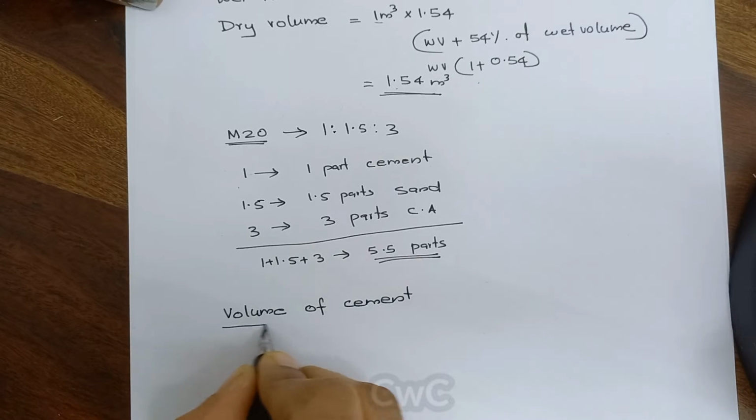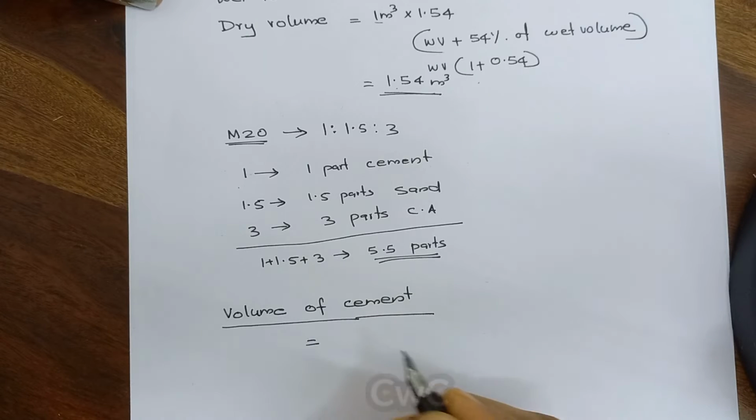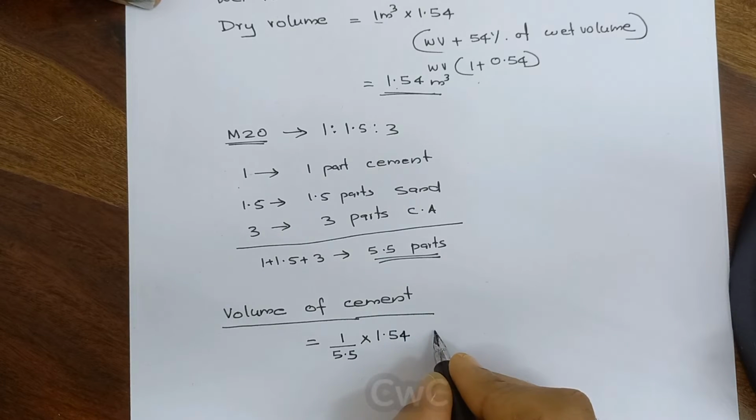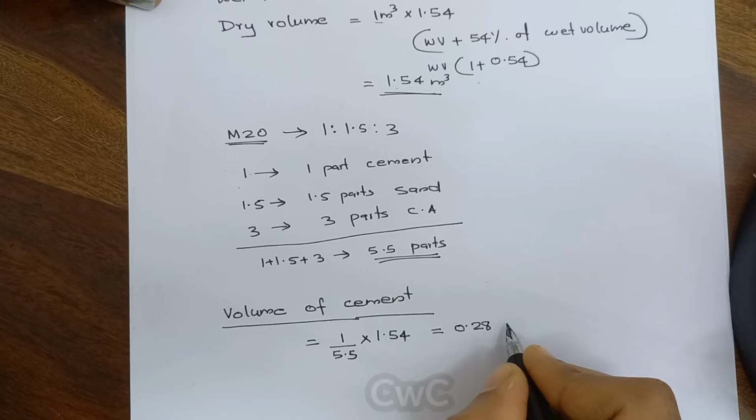So volume of cement will be equal to 1. We know there is 1 part of cement among 5.5 parts of dry ingredients to get a volume of 1.54 meter cube of concrete. So that will be equal to 0.28 meter cube.